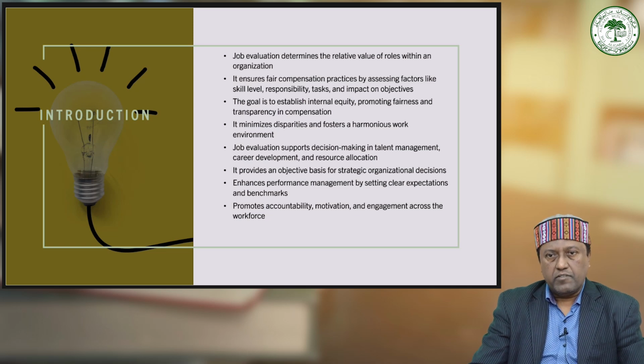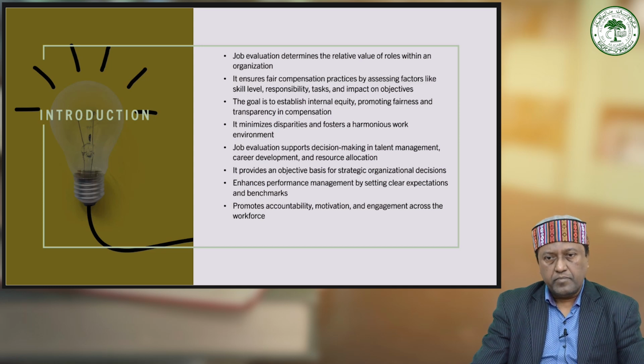Job evaluation serves as a fundamental pillar in the realm of human resource management, providing operations with a structural approach to determining the relative value of different roles within their workforce. In today's dynamic and competitive business environment, where attracting and retaining top talent is paramount, the need for fair and equitable compensation practices has never been more pronounced.